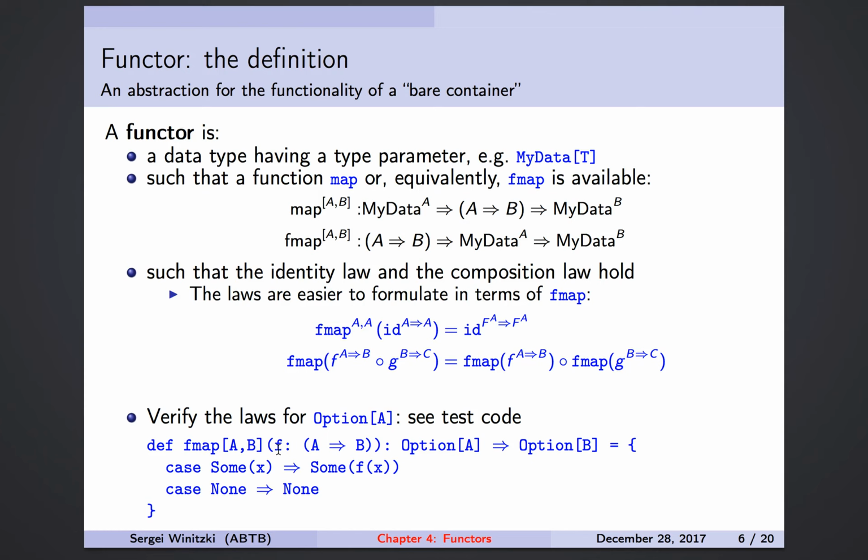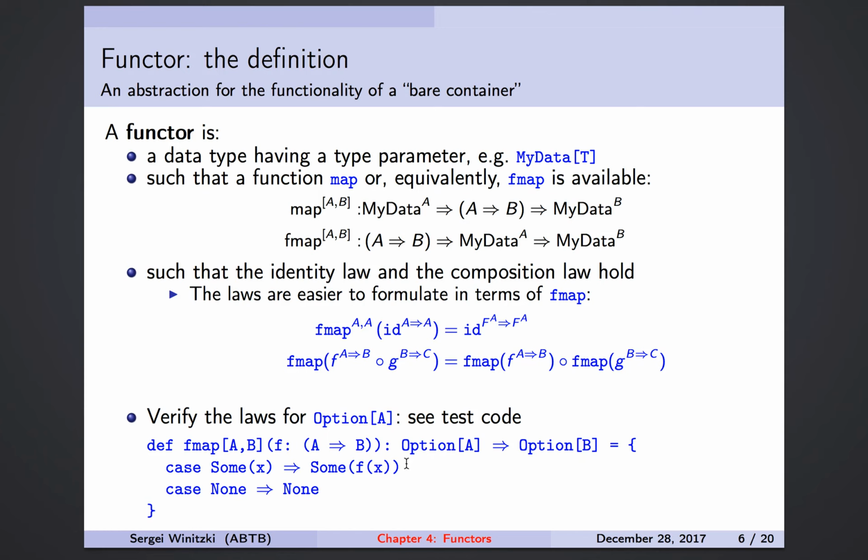The Fmap implementation for the option is written here. It's a very easy thing: you take a function f as a parameter, and you return a function from option A to option B. Now, an option is a case class or a sealed trait with case classes, or disjunction, as I prefer to call them, so a short syntax in Scala is to just write a case partial function with case.